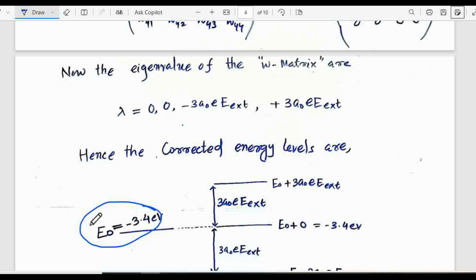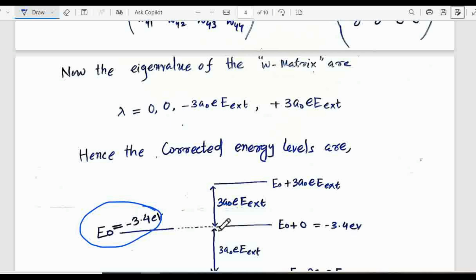The initial state has energy minus 3.4 electron volt, and as the eigenvalue is 0, 0, there are two states among the four degenerate states whose energy level does not split, and they coincide with the initial state. That means this level contains two wave functions of the hydrogen atom in the n equal to 2 state.